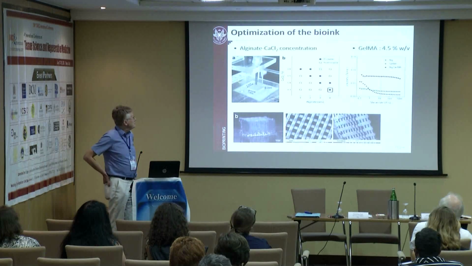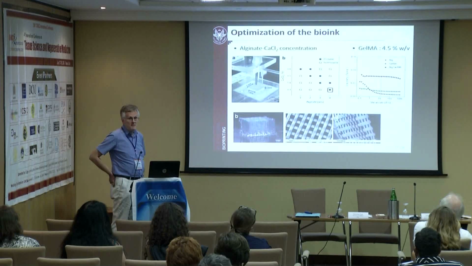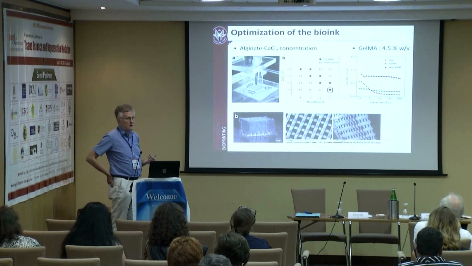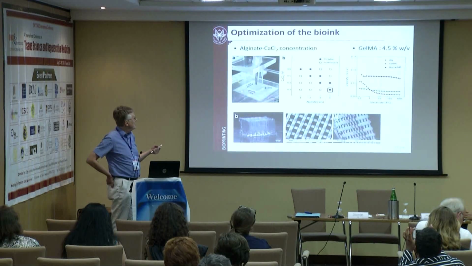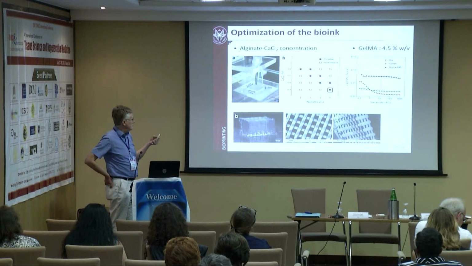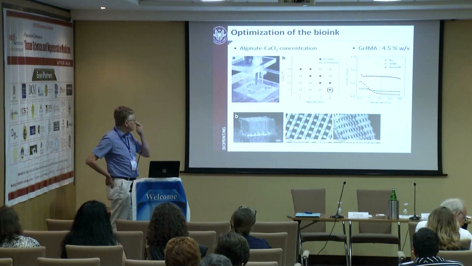An important issue regards the optimization of the bioink. There are two important requirements that the bioink needs to satisfy. The first one is the maintenance of high cell viability, and the second one regards good printability of the bioink.